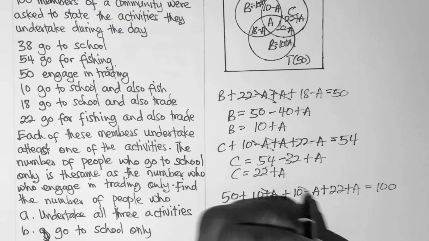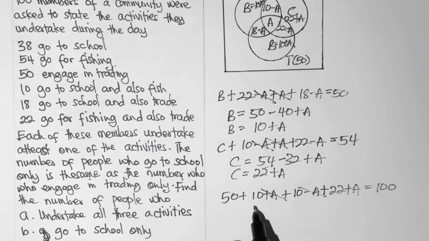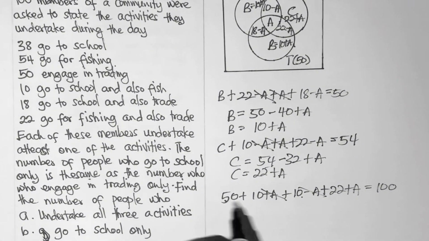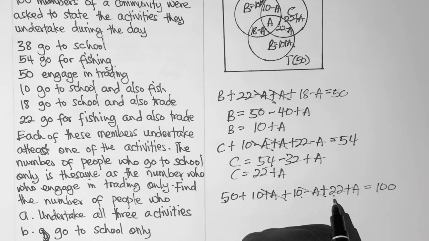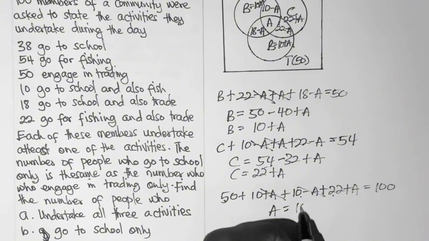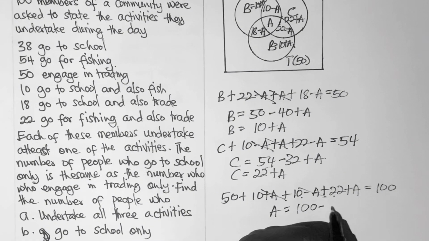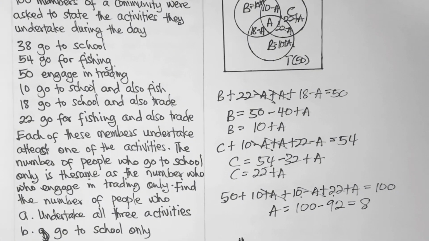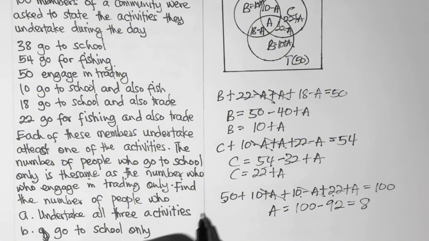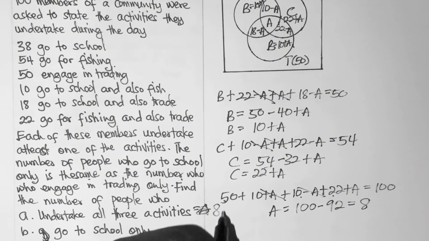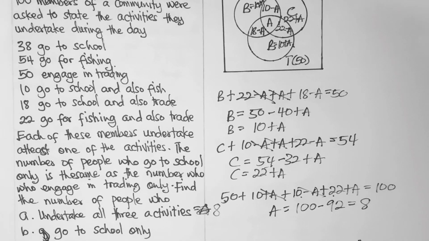So plus A minus A will cancel out. Now look at this. 10 plus 10 is 20, plus 50 is 70. 70 plus 22, that will give us 92. So it means that A is equal to 100 minus 92, and that is equal to 8. So the number of people who do all three activities is equal to 8, because A is equal to 8.